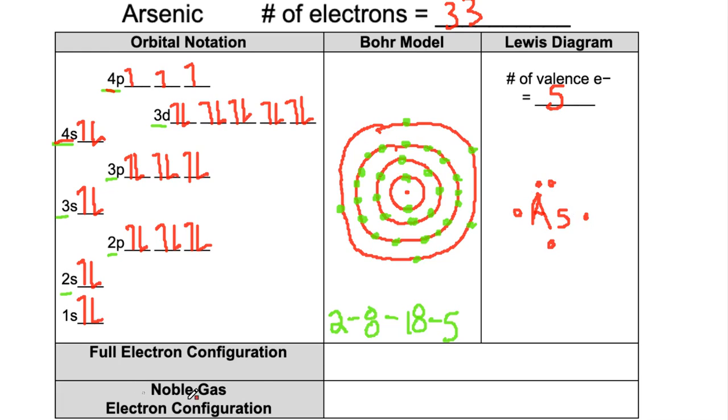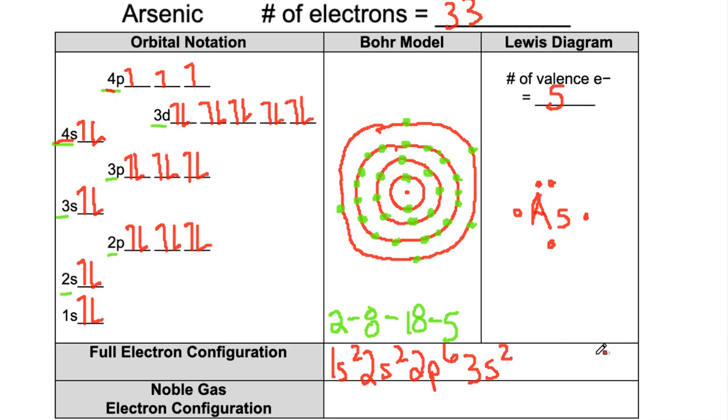Now for the full electron configuration. We have electrons in the 1s, and there's 2, 2s, 2, 2p6. Okay. We have electrons in the 3s, and there's 2 of them.